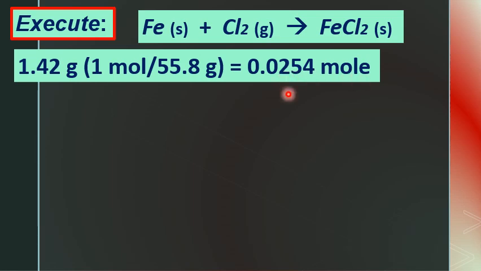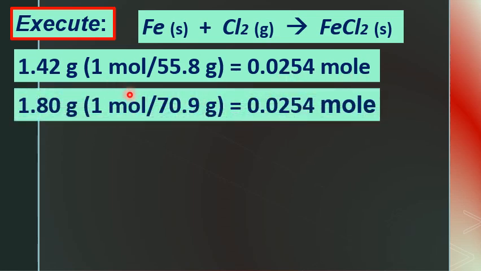And similarly, for the given mass of chlorine gas, 1.80 grams, we just divide 1.80 grams by its molar mass, 70.9 grams. So we get also the same value for the mole equivalent, 0.0254 mole.